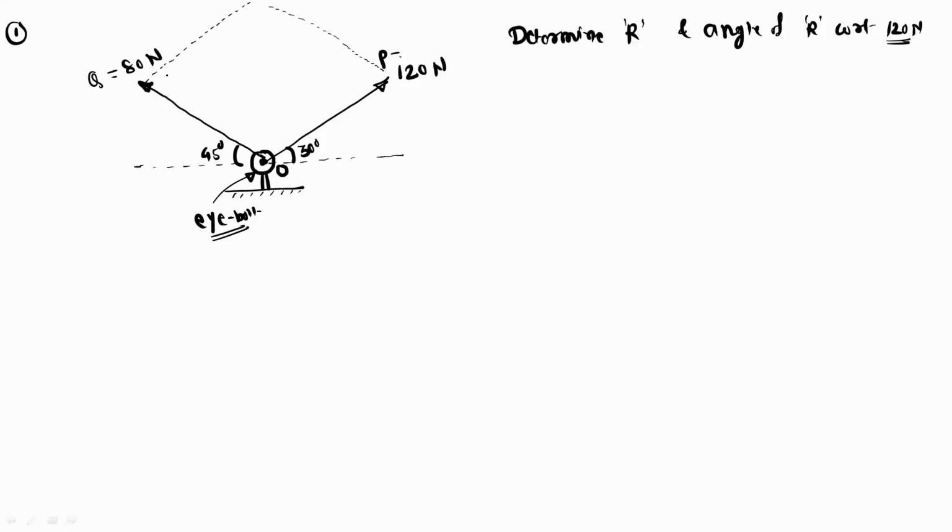Okay. So their diagonal will represent the resultant. So this is the resultant R.